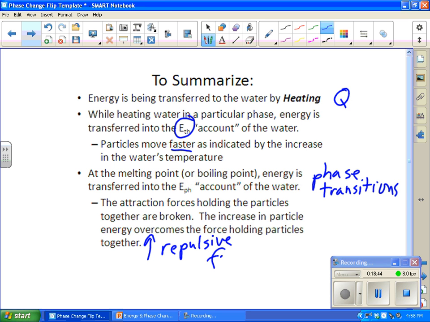Increase in repulsive forces. And that ends this lecture. We will talk more about why there's no temperature change during the phase transitions later next week.